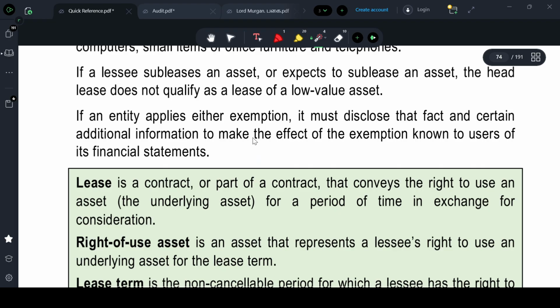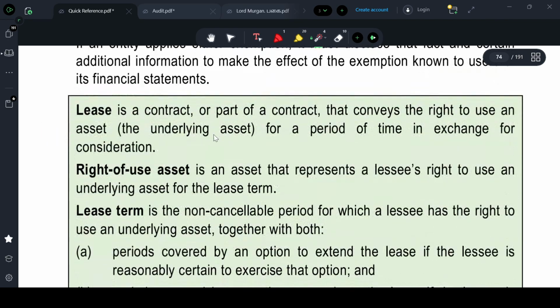When you declare it, you need to disclose it in the financial information, stating that this asset has an exemption. We have disclosed the fact and certain additional information, so that users see that we have taken this asset, it is exempted, it is low value, so we have booked it as expenses. This needs to be disclosed in the notes to accounts.